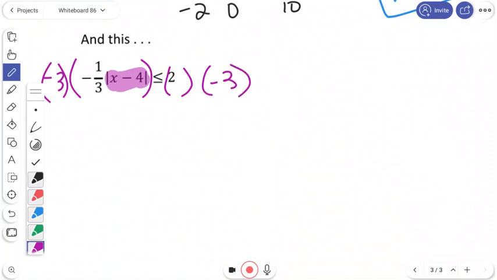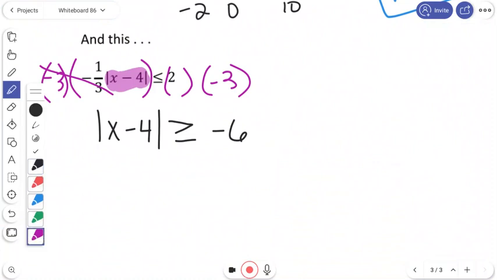Those reduce, and we're left with the absolute value of x minus 4 is greater than or equal to. Don't forget to flip your inequality. We multiply by a negative. Anytime you multiply or divide your inequality by a negative, you've got to flip the sign. So 2 times negative 3 gives us negative 6.